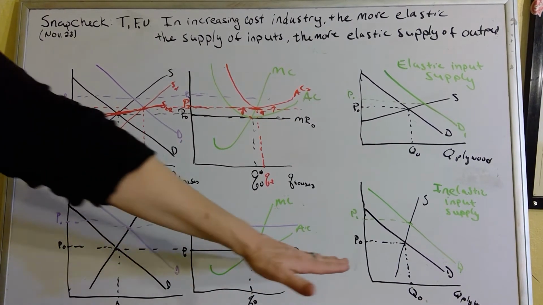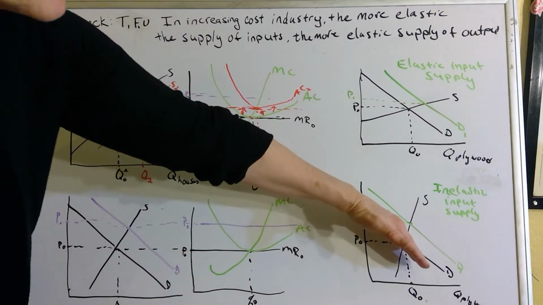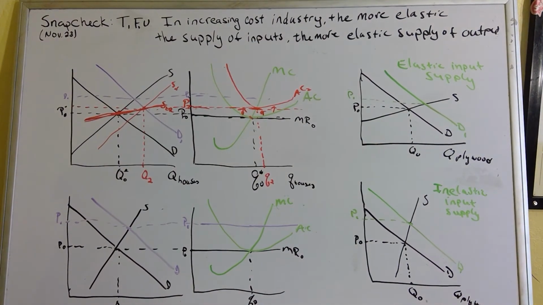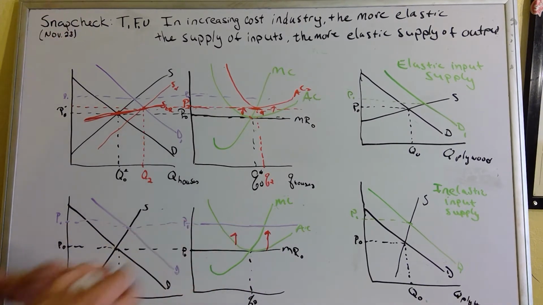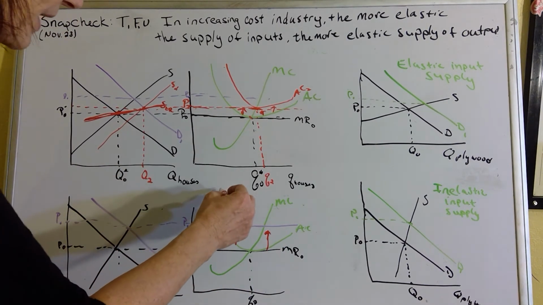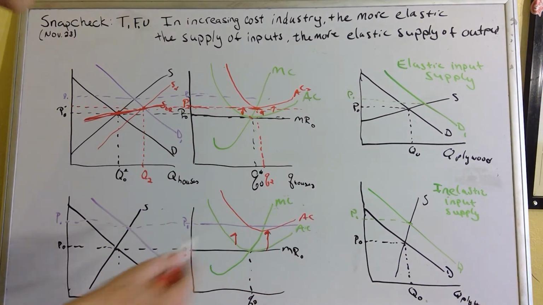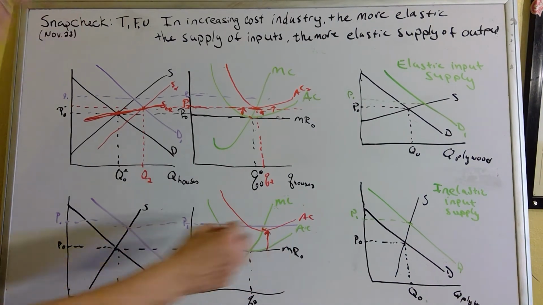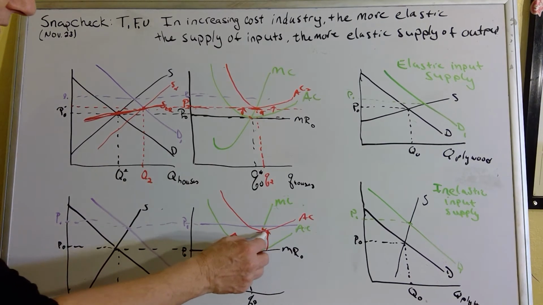On the other hand, if we're in a situation where the input supply is really inelastic, the same increase in demand drives the price of plywood way up, so more people want it and now the price of plywood's way higher, then it's going to increase costs a lot more. So firms see that profit, as we talked about before, but if the average cost goes up really high, then firms are going to start entering, driving price down, but there's not going to be very much room for entry before profit gets driven down to zero.